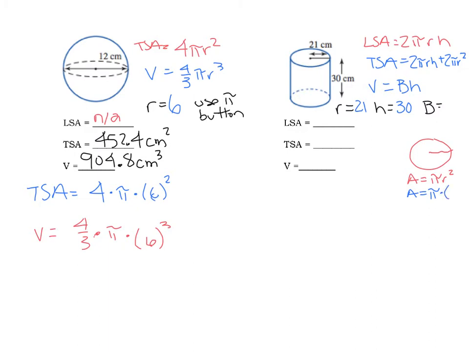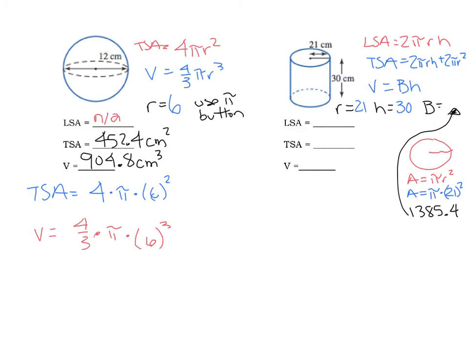So we're going to have pi times the radius, which is 21 squared, leaves us with the area of that base being 1,385.4 centimeters squared. So this is our capital B.